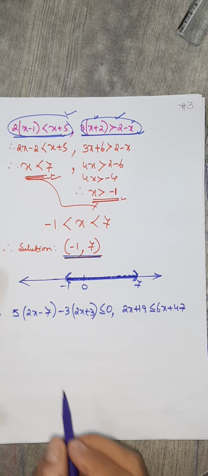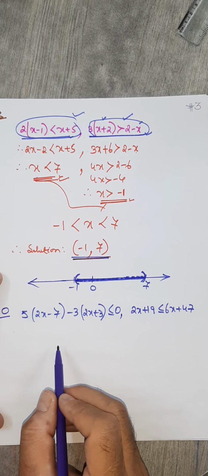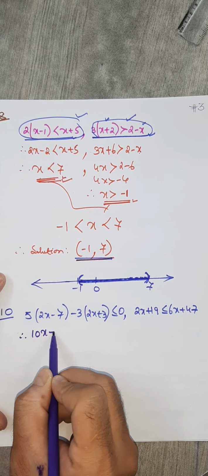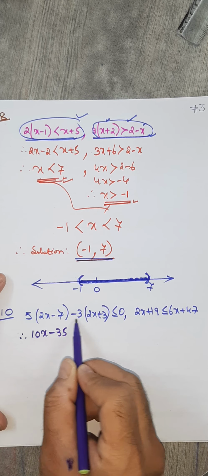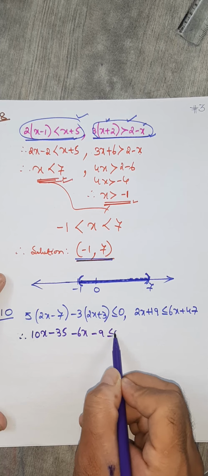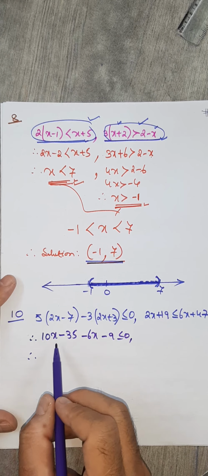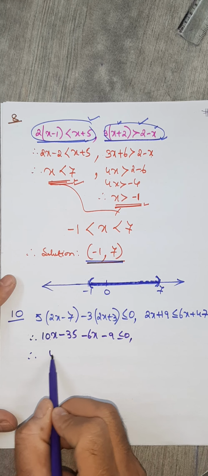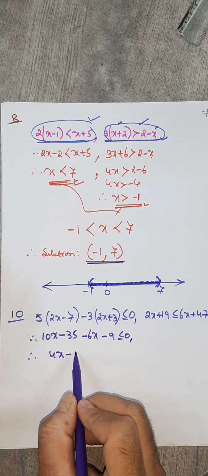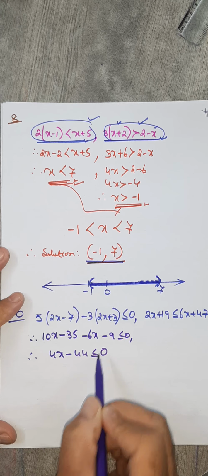Okay, so we solve this too. Let's simplify here. So this is 10x minus 35 minus 6x minus 9 is less than or equal to 0. Now this is nothing but 4x minus 44 is less than or equal to 0.